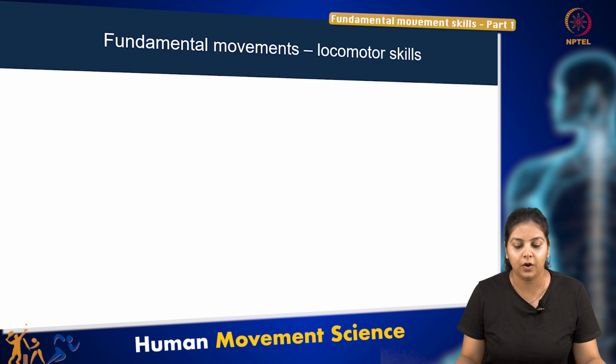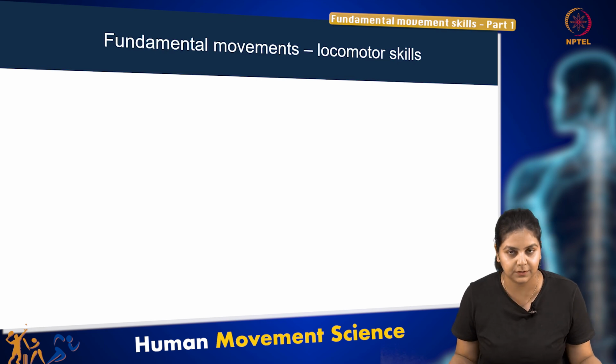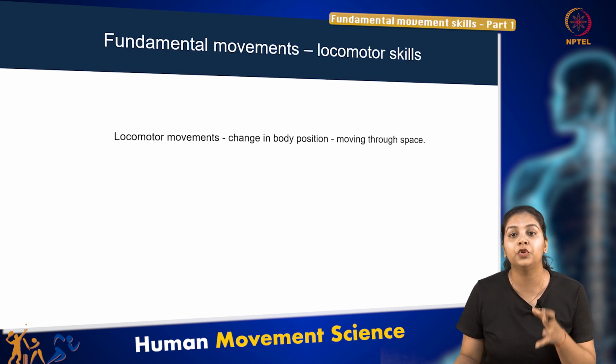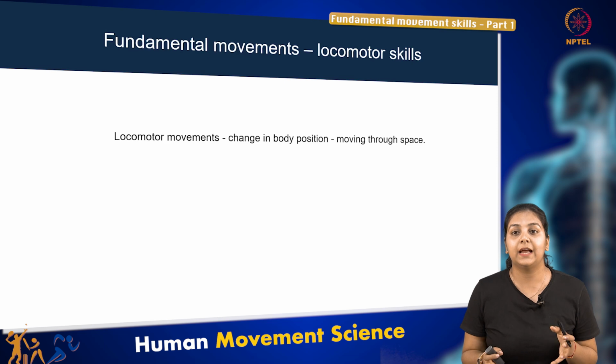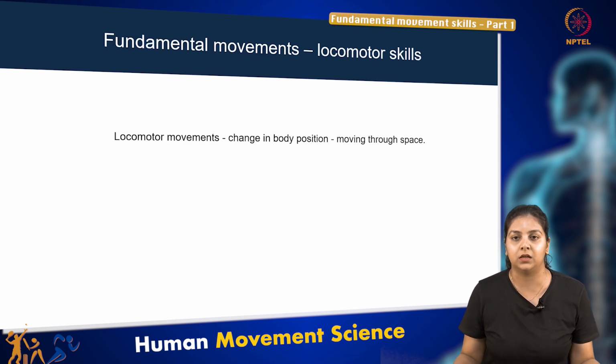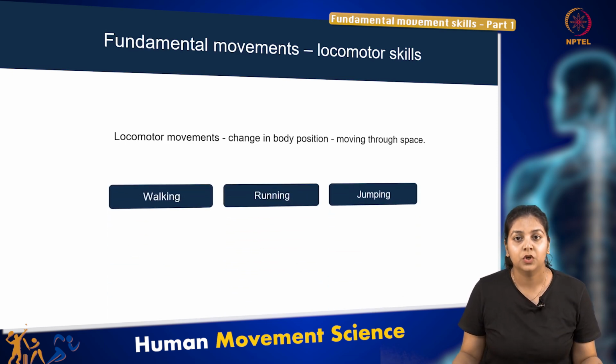So let's look at what locomotor skills are. As the name suggests, locomotor skills help you change body position or move through space. Any skill that requires a change in body position or for you to move through space is categorized under locomotor skills. So what could these be? Examples could be walking, running, jumping, leaping.